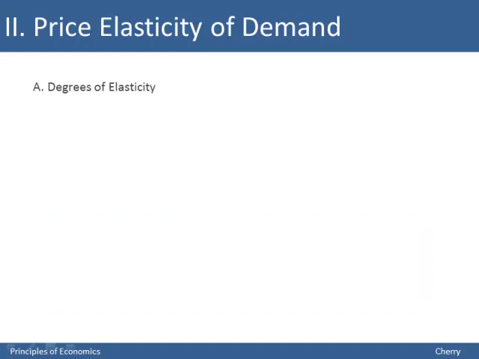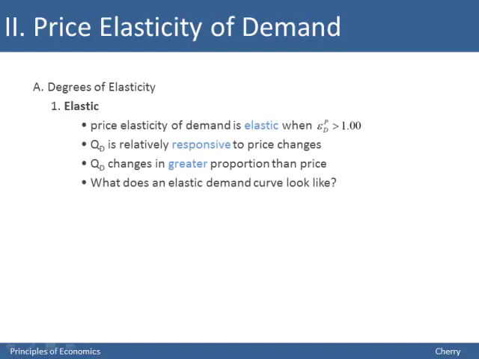So price elasticity of demand can be categorized into different degrees of elasticity. There are 5. We're going to start with elastic. A good is considered to have elastic demand when the price elasticity of demand is greater than 1.